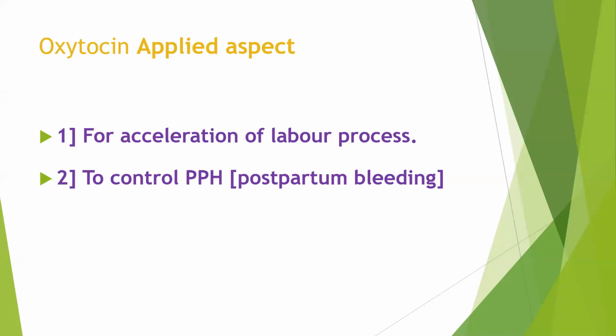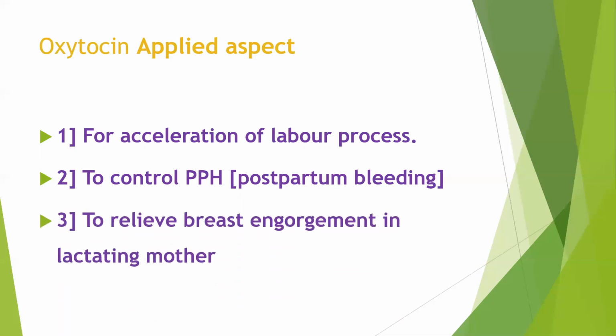So if we give oxytocin, it will cause uterine contraction and stop the bleeding. It can also be used to relieve breast engorgement in a lactating mother. So these are the applied aspects related to oxytocin.